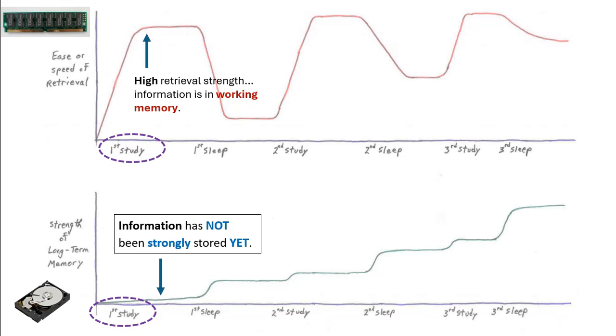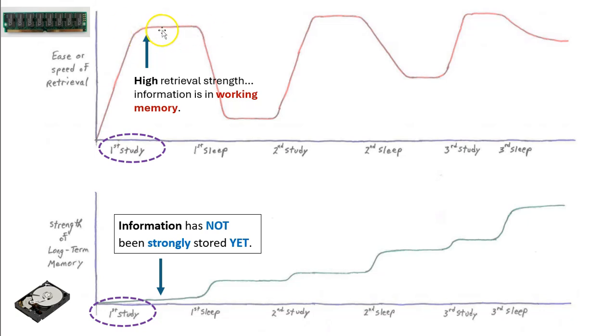So if we go back to the previous diagram, when we're studying and we're understanding the material, and we could even sort of recite the information to somebody else, we have the illusion that we have already made strong memory traces in our long-term memory system. But that's not the case. That process will take time.